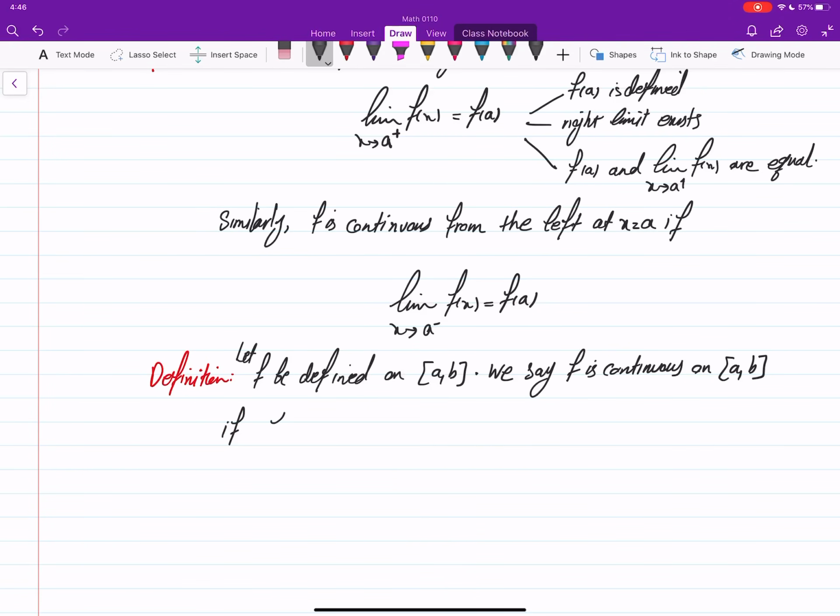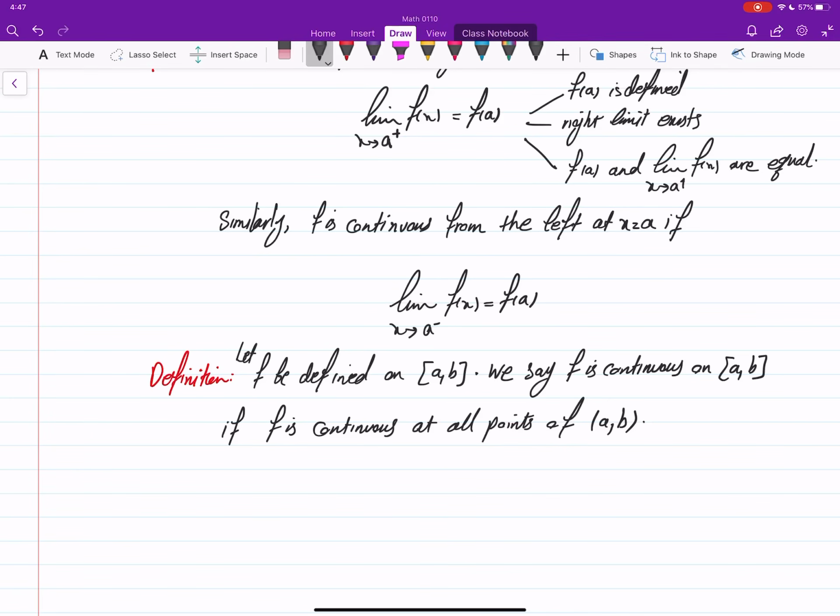First, f is continuous at all points of the open interval (a, b). Continuity makes sense only when you can approach a point from both sides, but at a and b we can only approach from one side.